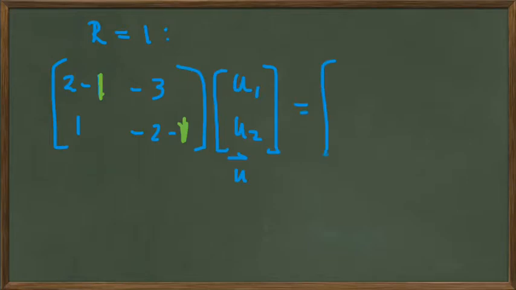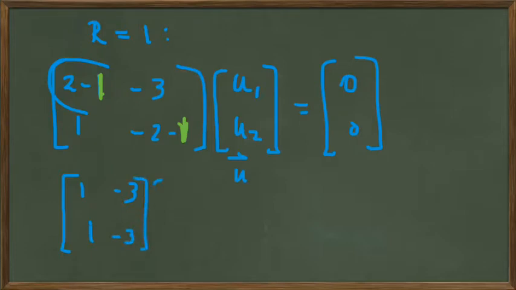We set that equal to 0, but 0 as a matrix, so 0, 0. So if we multiply this out, this entry is 1, this entry is minus 3, so simplified it's 1, minus 3, 1, minus 3, times U1, U2 equals 0, 0.